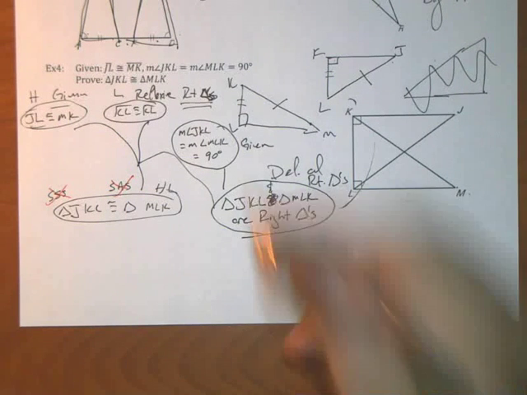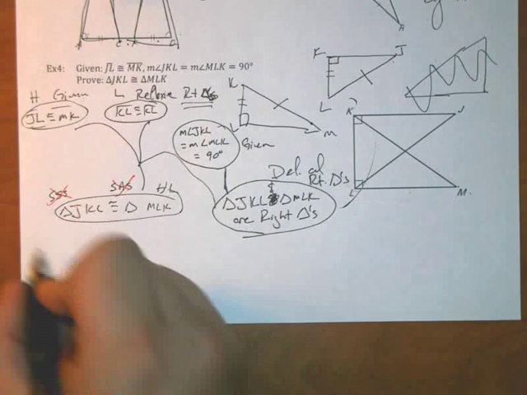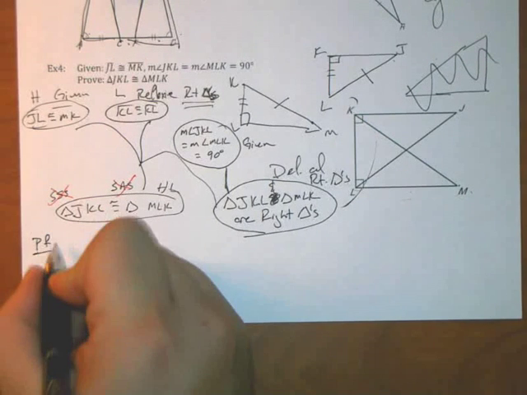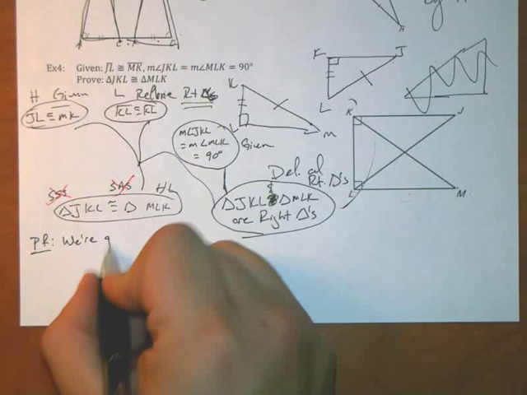My diagram is a little sloppy and, frankly, a little on the confusing side, so I want to make sure that I write this out. So let's do that. Proof.